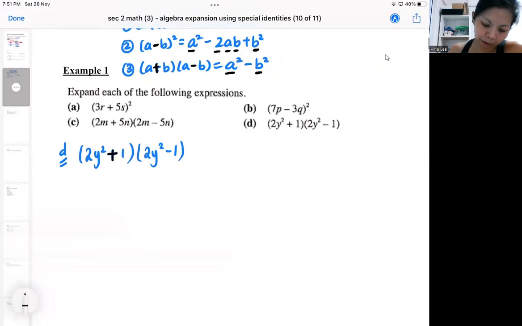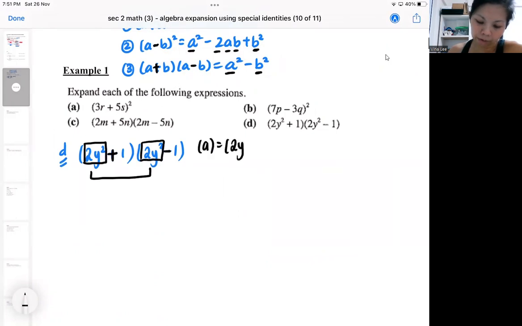The difference is plus and minus, and the A is exactly identical. Look at the A. So this time around, the A is a bit more complex. And look at the B.